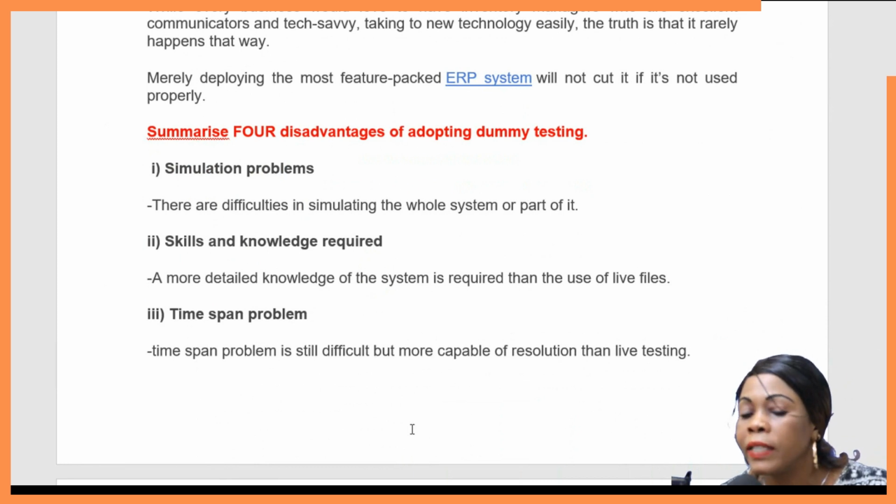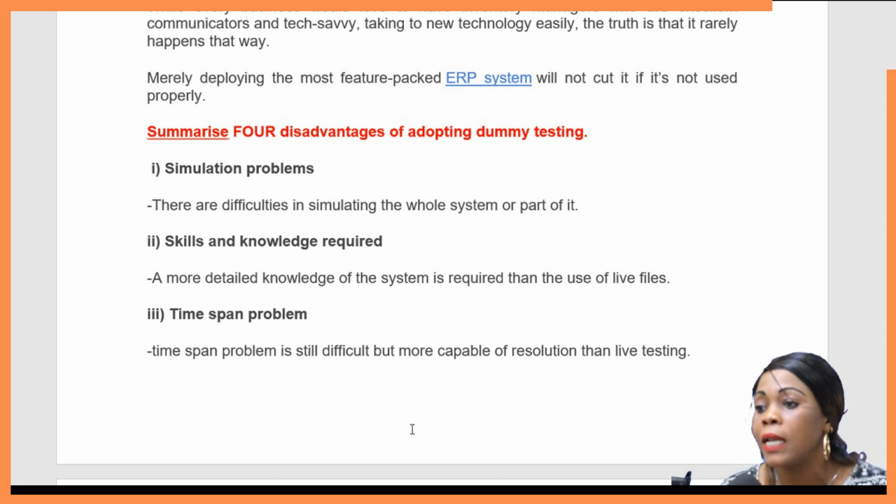One of the disadvantages is the simulation problem. There are always difficulties in simulating the whole system when compared to the live system. Another one is skill and knowledge required. More detailed knowledge of the system is required than for the use of live files.